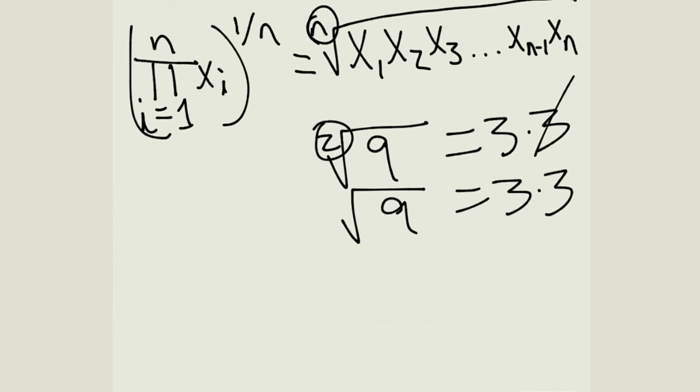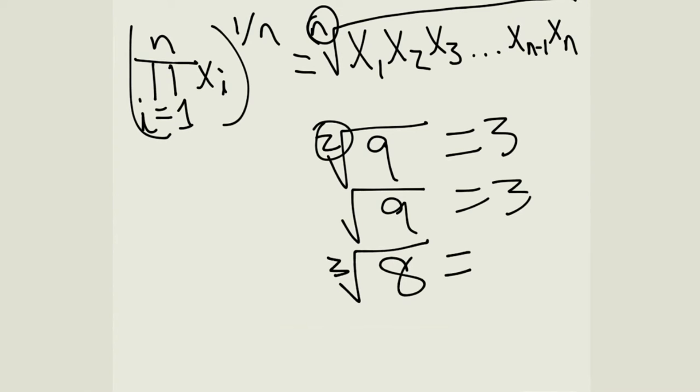So since you need to multiply the same number 2 times, the answer would be 3. Let's say we get the third root of 8. Which number would you need to multiply by itself 3 times to get 8? 2, because 2 times 2 times 2 equals 8.